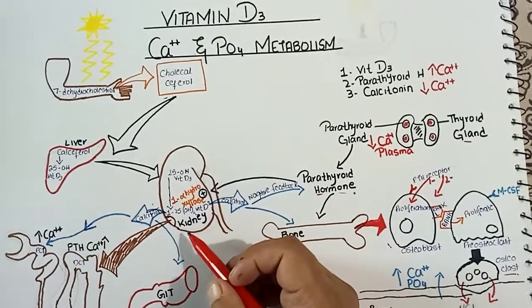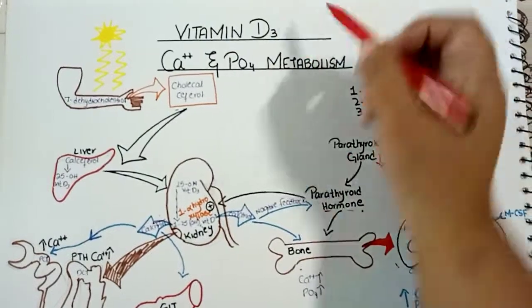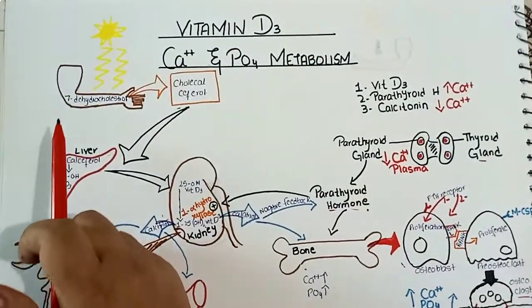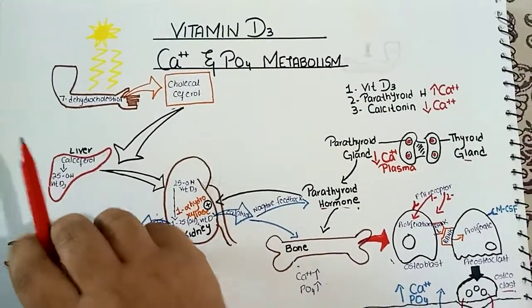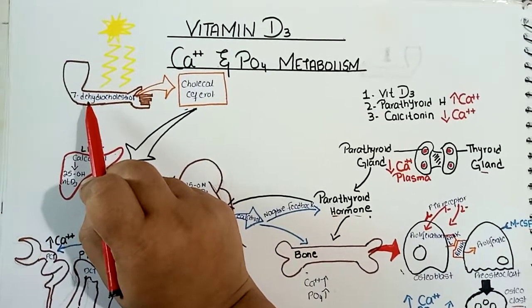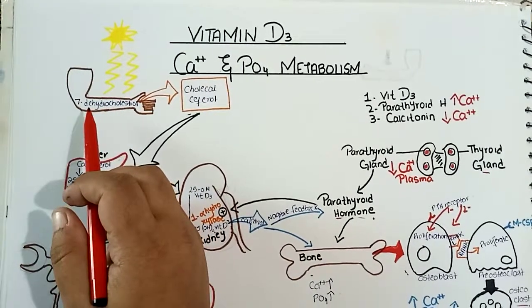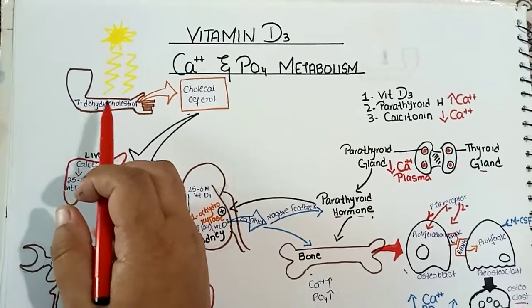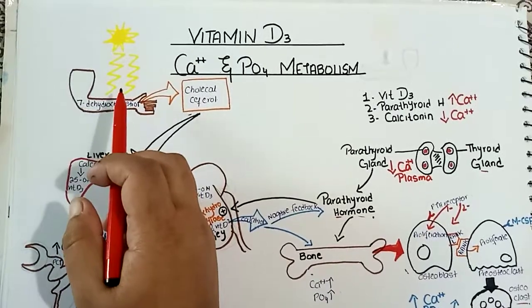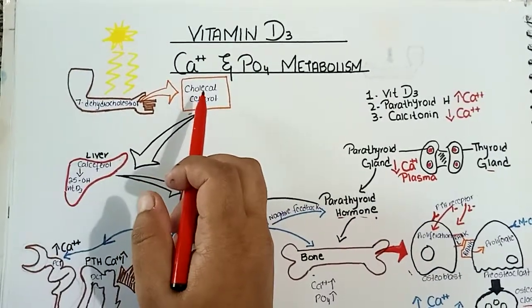But first I will explain how the synthesis of vitamin D3 occurs. The synthesis of vitamin D3 starts within the skin, because within our skin is the presence of a chemical known as dehydrocholesterol, and as the sun rays hit the skin, this chemical gets converted into cholecalciferol.